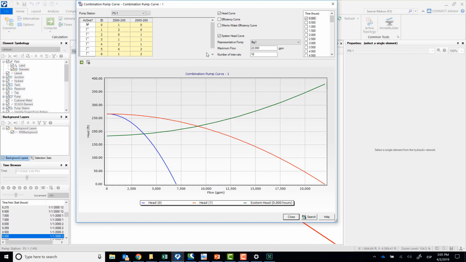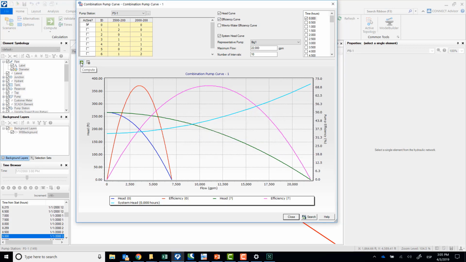And you can start adding more complexity if you say, okay, I also want to see the efficiency curve. Okay, so what is this efficiency curve? It's the 70% efficiency that we looked at originally if we were operating at 2,000 gallons per minute, right? So it would be most efficient.